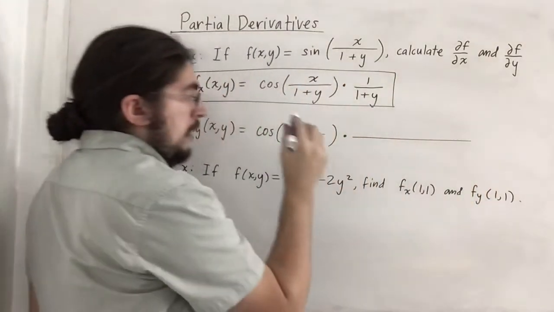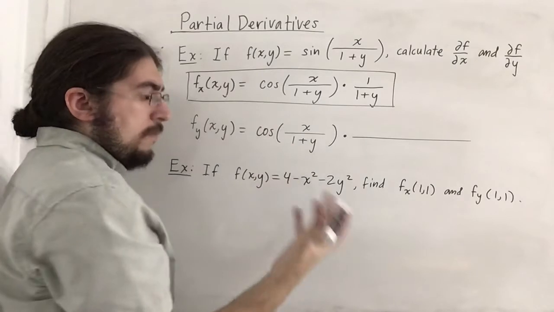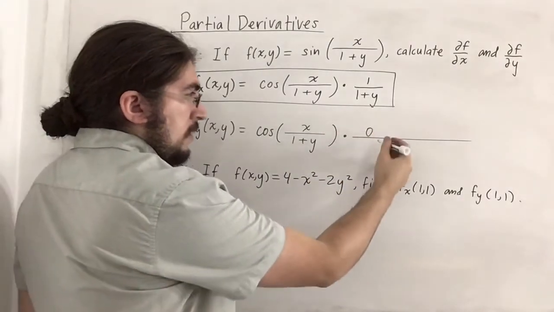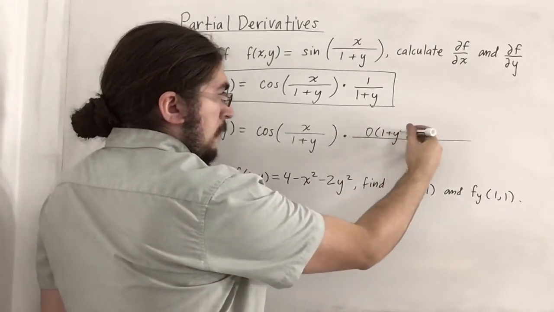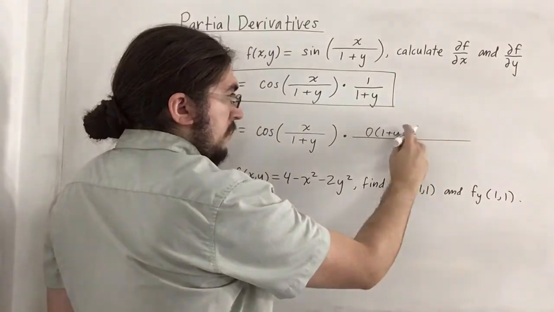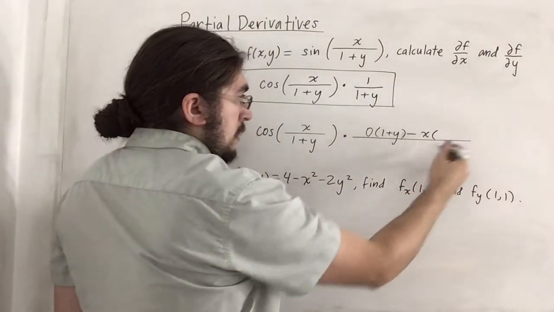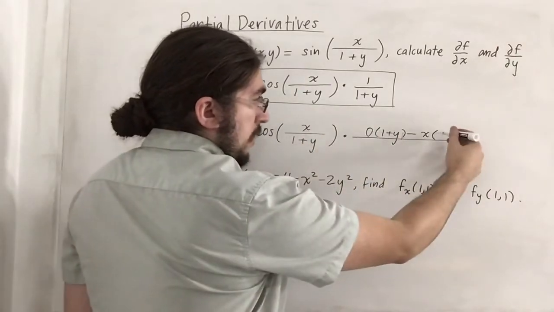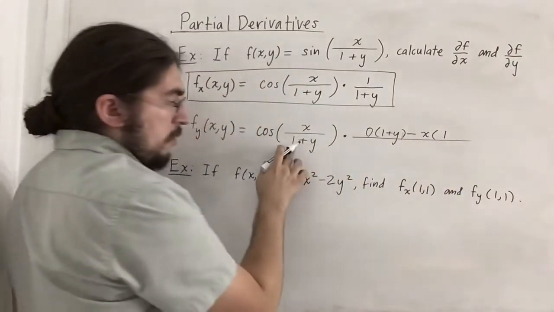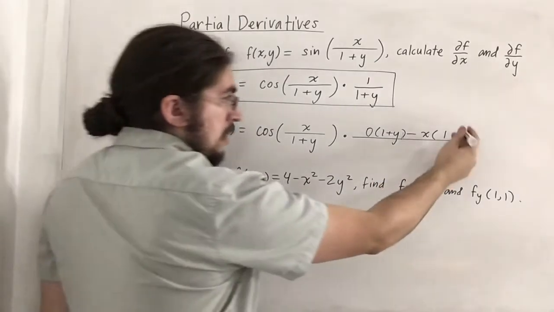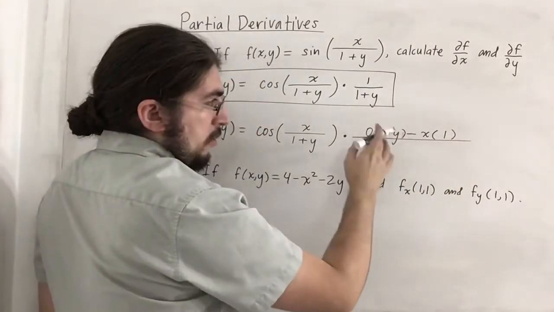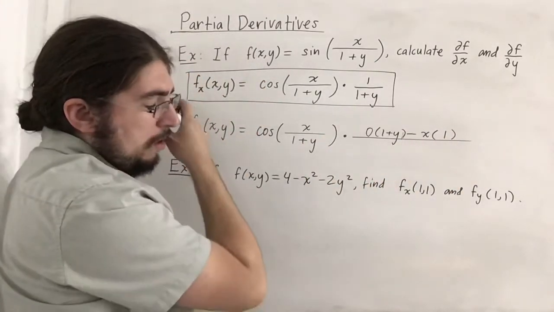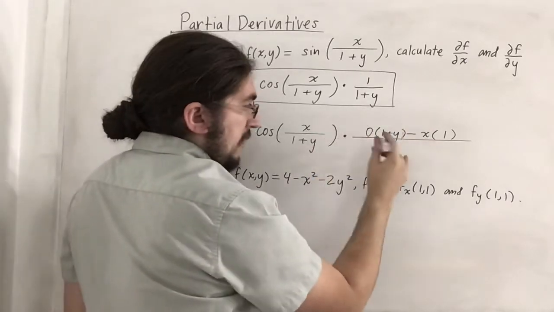So that's going to be the derivative of the top, well, derivative of a constant is 0, times the regular bottom, minus the regular top, times the derivative of the bottom, which with respect to y is just 1, because the derivative of 1 is 0, and the derivative of y is 1. So this first part is really just 0. In fact, if you take a look at this, this all really just simplifies to negative x on top.